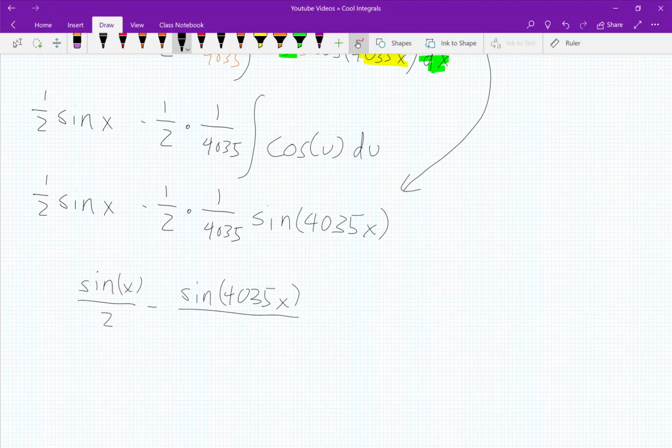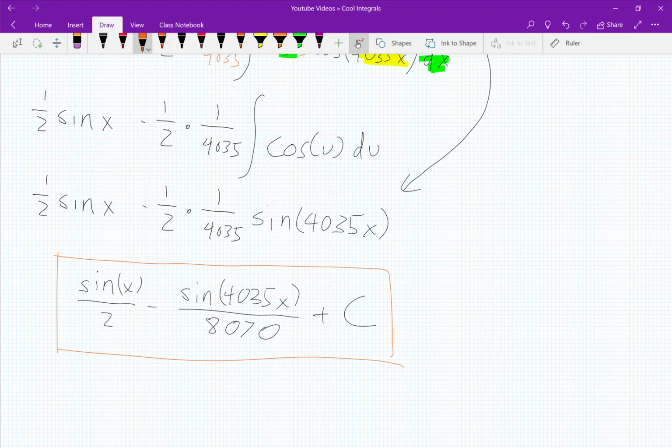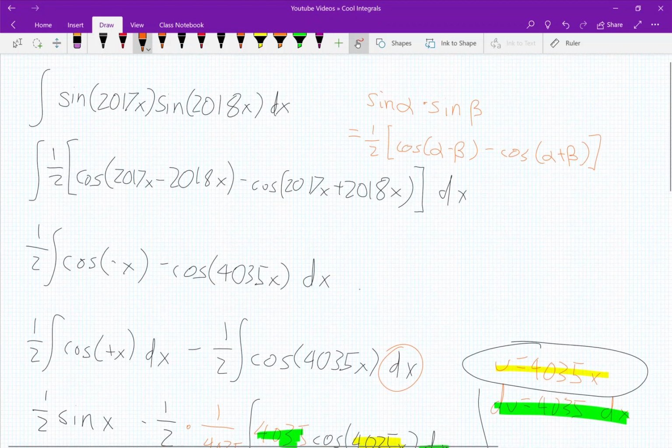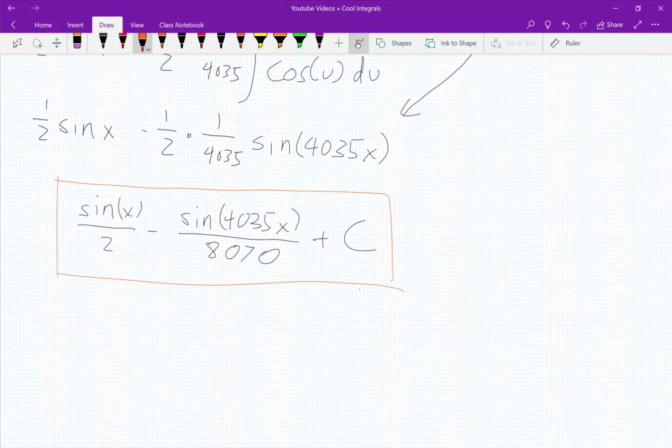And 2 times 4035 is just 8070, and we can't forget the plus c, and there we have it. Our final answer, the integral of sine of 2017x times sine of 2018x dx is just sine x over 2 minus sine of 4035x over 8070 plus c.